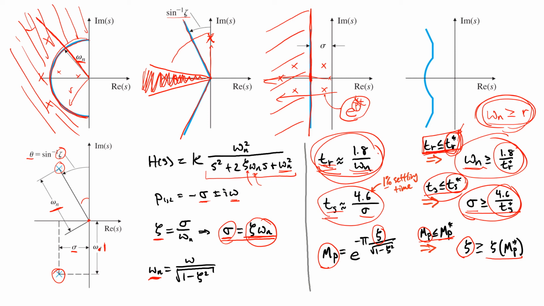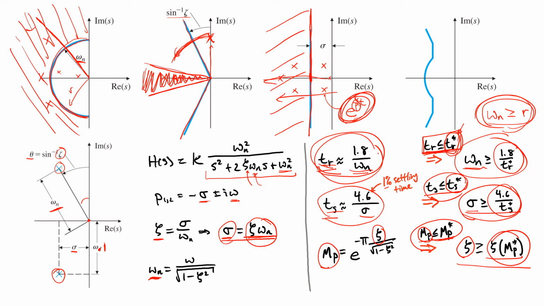And so if we want some amount of damping, some amount of decay that's given by these exponential terms, you want to push those poles closer to the imaginary axis to increase that zeta value. So again, whatever you end up calculating your desired damping ratio to be, it needs to be that amount or bigger in order to satisfy your overshoot criteria, and that's going to create this cone.